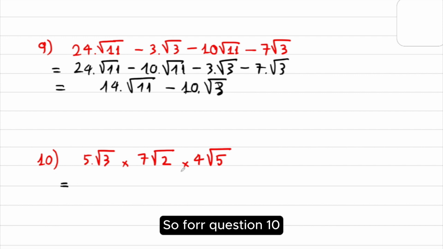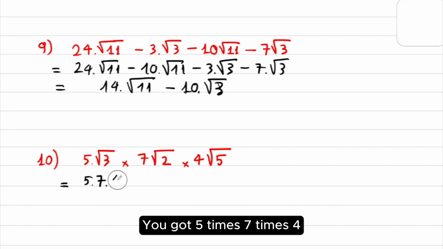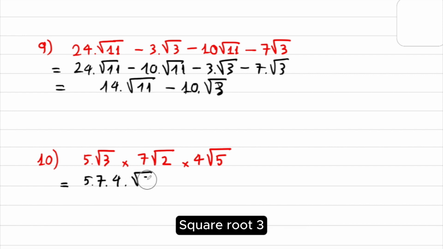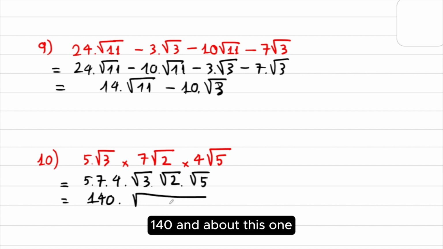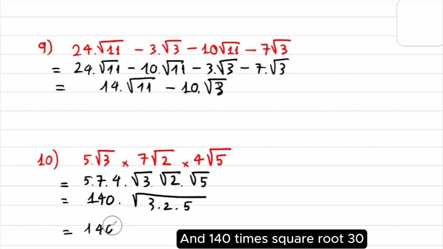Okay, so for question 10, you have 5 times 7 times 4 square root 3, square root 2, square root 5, 140. And about this one, you get 3 times 2 times 5, and 140 times square root of 30.